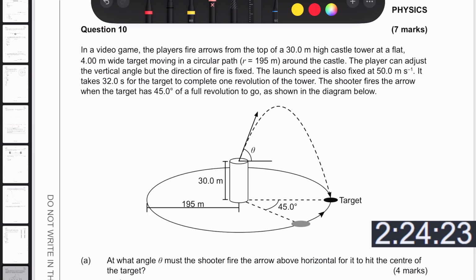Is it? What does that even give me? Divided by 360. 32 seconds. 4 seconds.